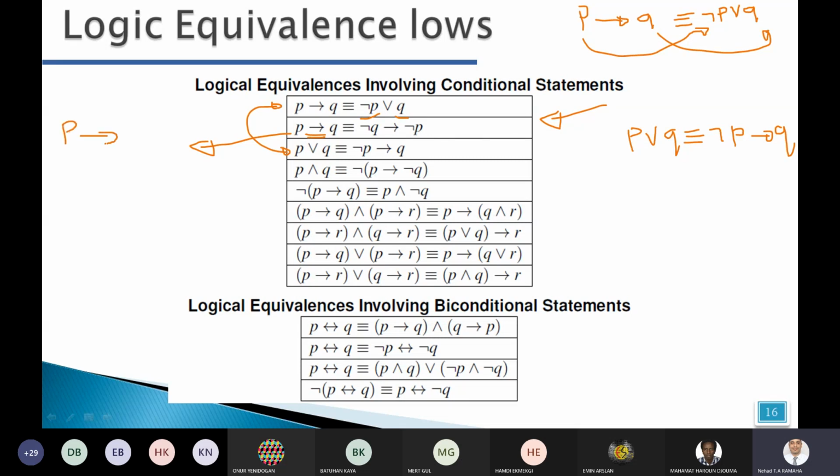If you have P implies Q, then to make the negation for it, you have to take the opposite: not Q implies not P. It's logically equivalent. Okay, so P implies Q is logically equivalent to not Q implies not P.